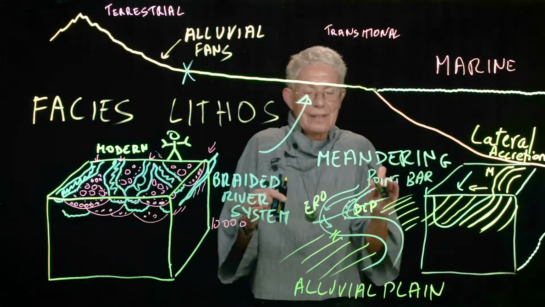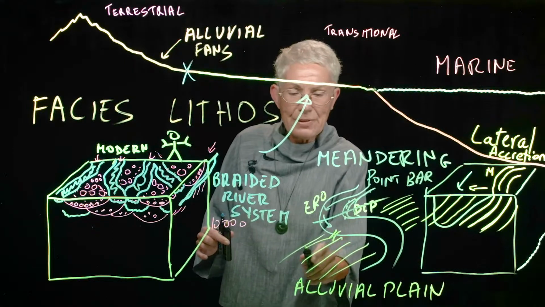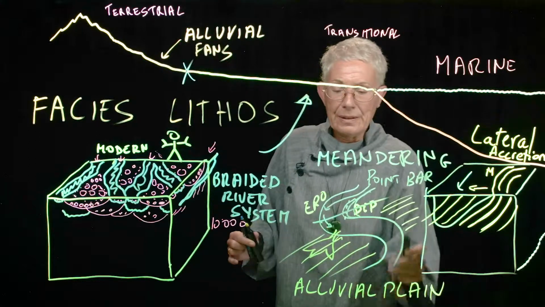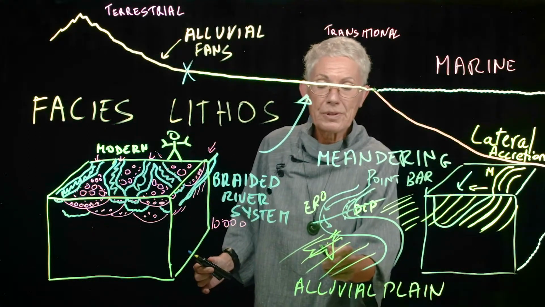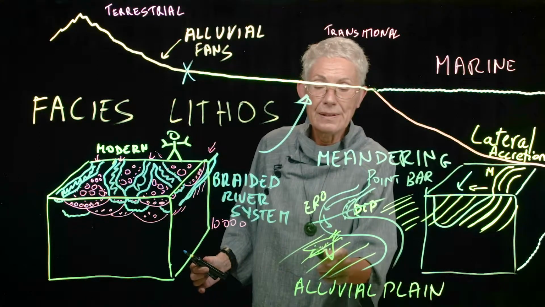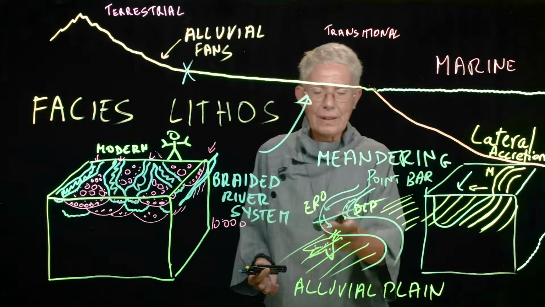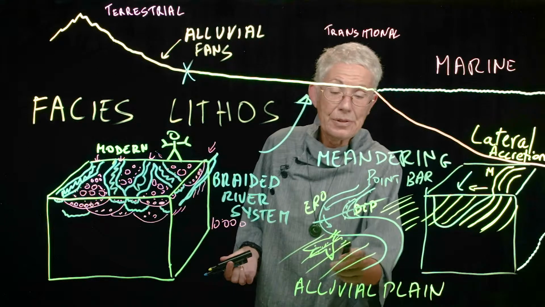It cuts through and then it floods the alluvial plain, and it will transport, for example, a little bit of sand on top of the clay or silt.